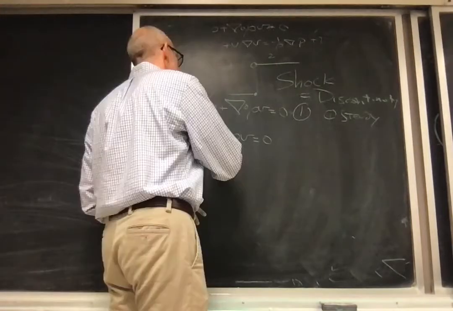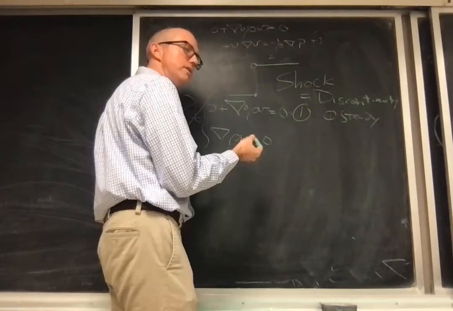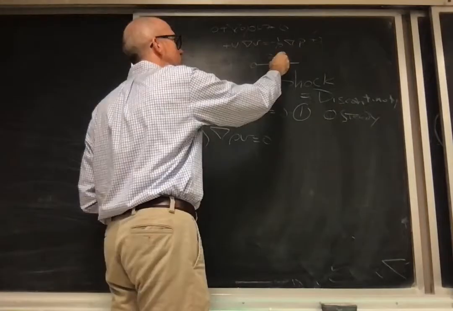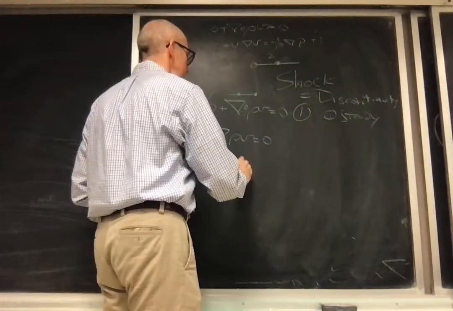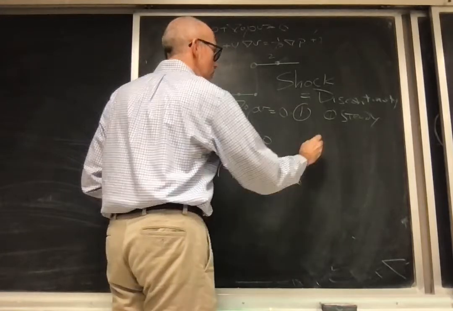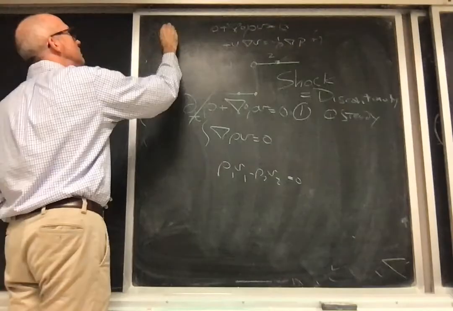So I integrate this. It's a full derivative, so it's just the things at the endpoints. So I'm going to integrate this equation from point 1 to point 2, and I'm left with rho 1 v1 minus rho 2 v2 equals 0, or rho 1 v1 equals rho 2 v2.